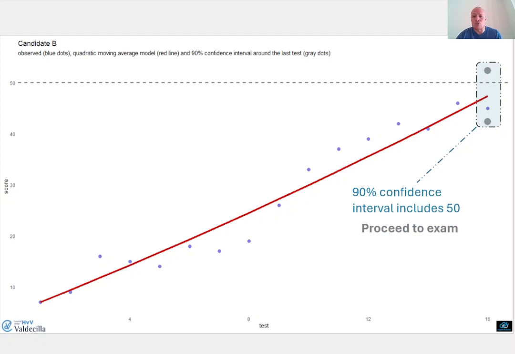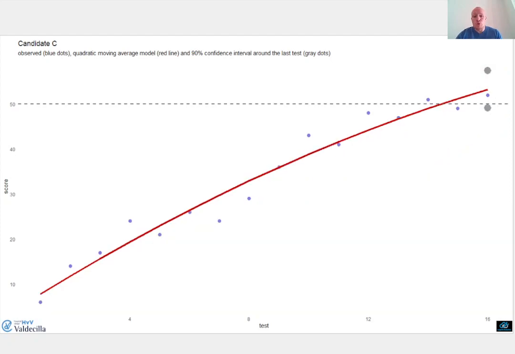And for candidates with such a performance, I would organize an additional exam to collect more evidence regarding this candidate's current level and see if the 90% confidence interval after that additional exam still includes 50, or it is entirely above 50, meaning pass, or entirely below 50, which would mean fail and repeat a year, or at least a remediation trajectory of some kind before being allowed to progress.